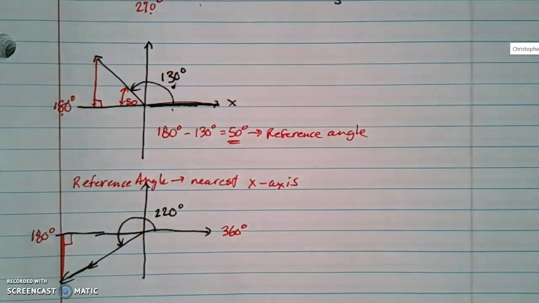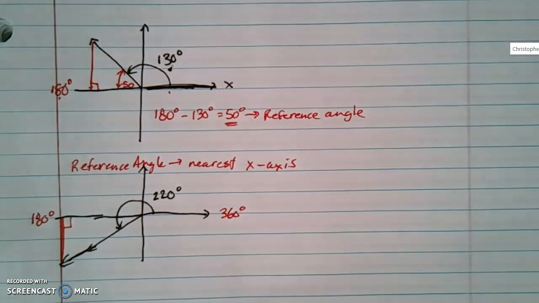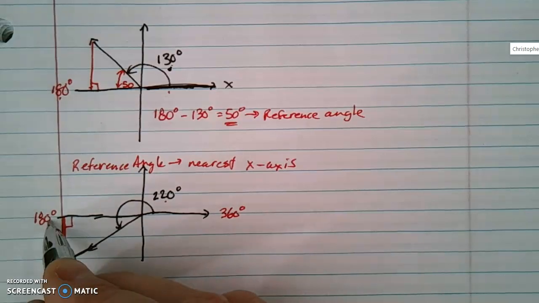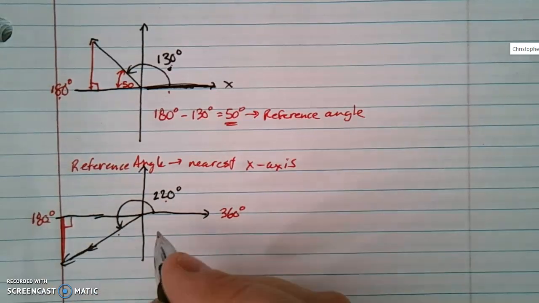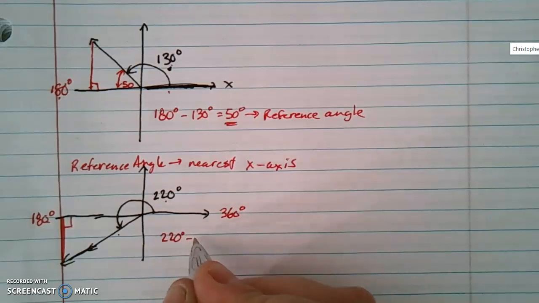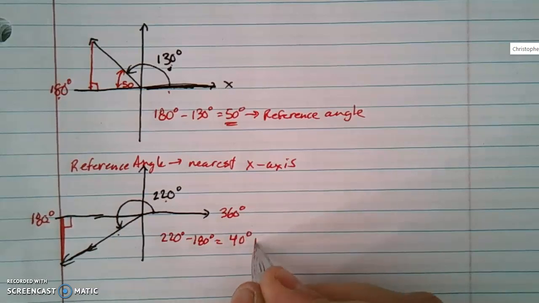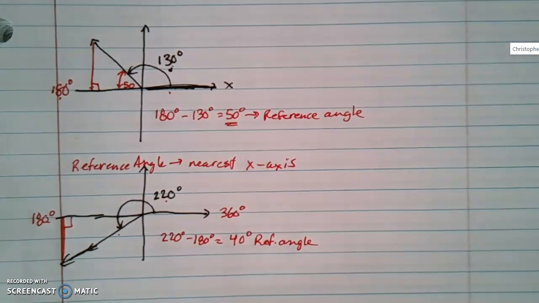If you use any other numbers, it isn't going to work. Okay, so here we go. This is 220. This is 180. How far past 180 is 220? Well, all you have to do is subtract them, and what do you get? You get a 40-degree reference angle. That's going to be important in a minute.